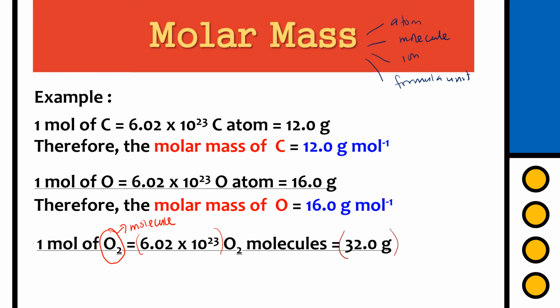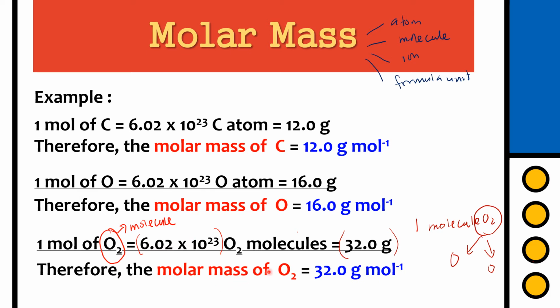Kenapa 32 gram? Sebab 1 molekul oksigen ada 2 oksigen atom. Okay, ini benda biasa. So molar mass of oksigen, okay, ingat molar mass dekat sini untuk 1 mol oksigen molekul is 32 gram per mol.